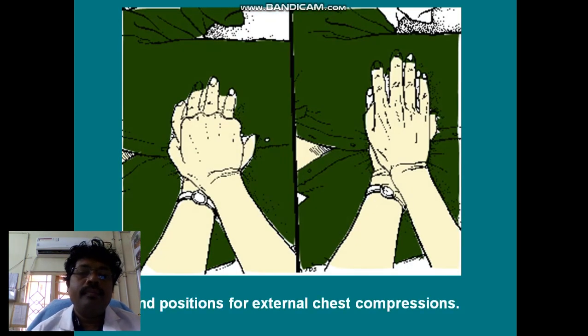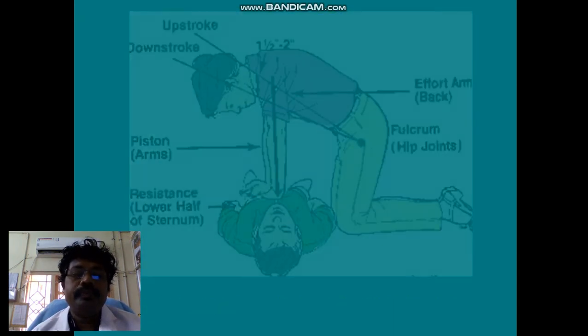Like this, and lock your fingers with both hands, and your hands should be at 90° straight to the sternum for the external chest compression.